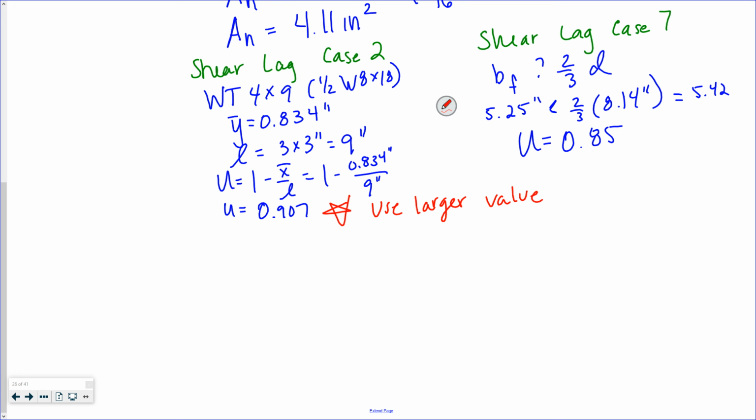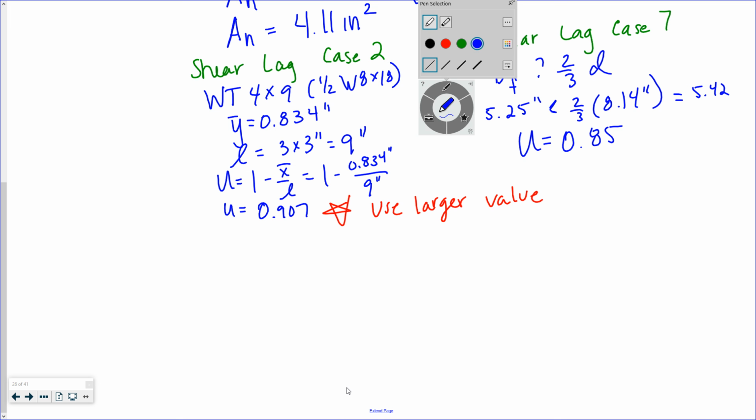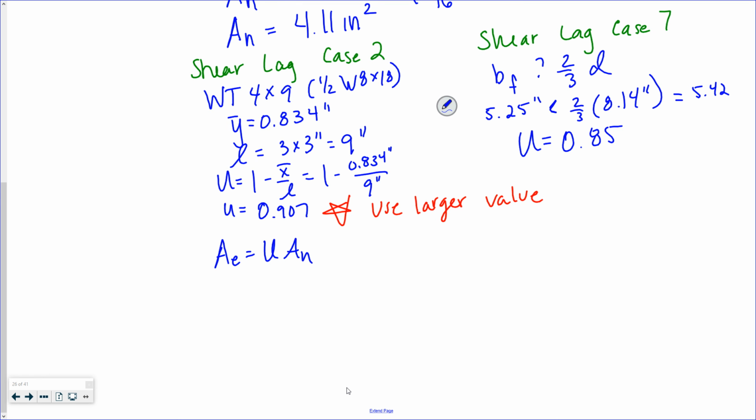That's what all this was, right? My effective area, AE equals UAN, my shear lag factor times my net area, is 0.907 times 4.11 inches squared. That's from up here. So 0.907 times 4.11, 3.73 inches squared.